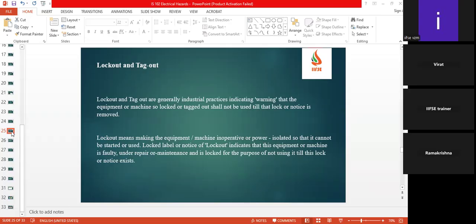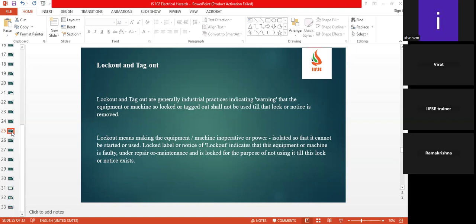So lockout and tagout are generally industrial practices indicating a warning that the equipment or machine is locked or tagged out and shall not be used until the lock or notice is removed. So it indicates that somebody is working on that equipment. Until the lock and tag is removed, we are not supposed to use that equipment.